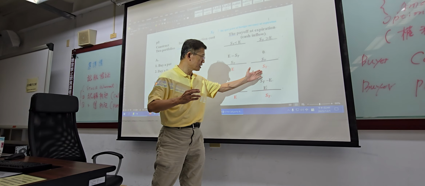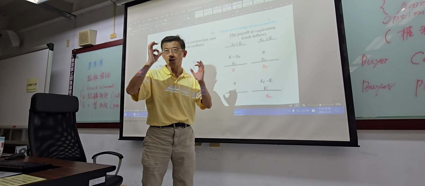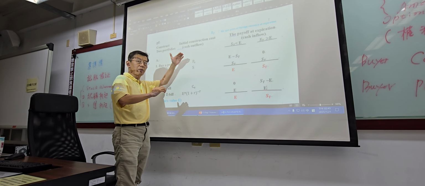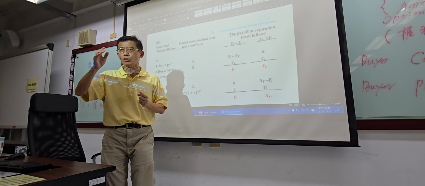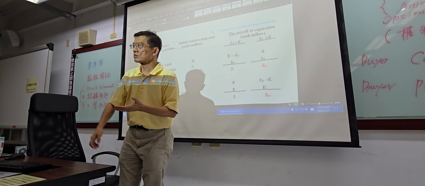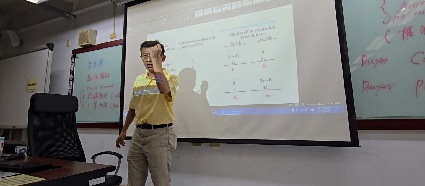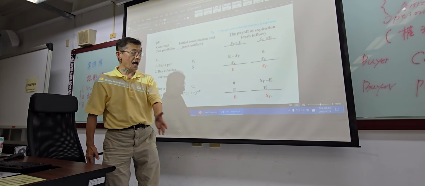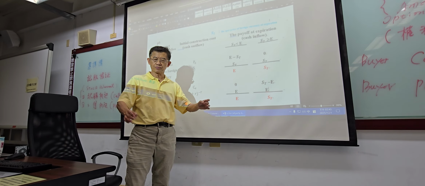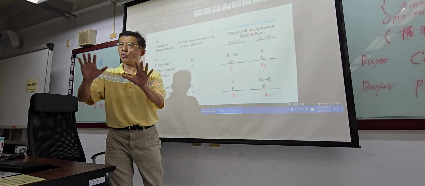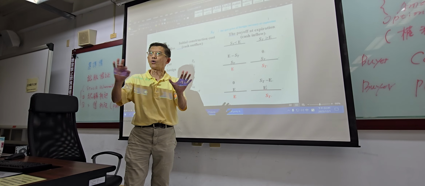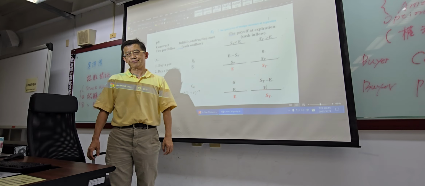And here the same, S sub T and minus S sub T sum up to 0. So you buy low and sell high, you gain the profit instantly at the beginning. And you will end up with no win and no lose at the expiration. 0 means no win and no lose.